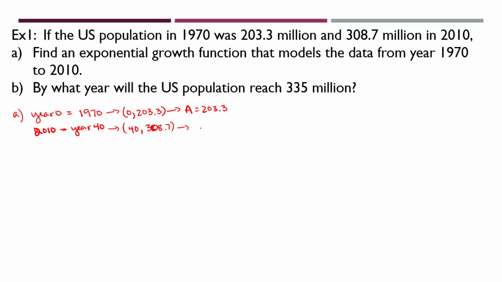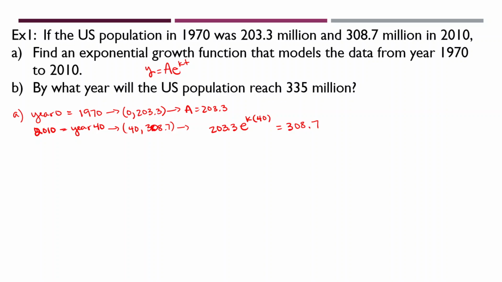Now I know an exponential growth will look like y equals A e to the kt. So my A is 203.3, and I'm going to let the time be 40, and it's going to equal 308.7. Okay? So now we need to solve for k.